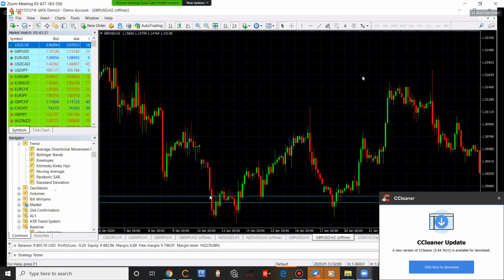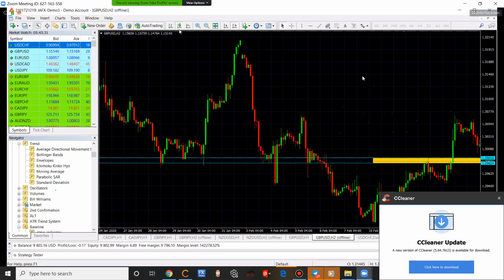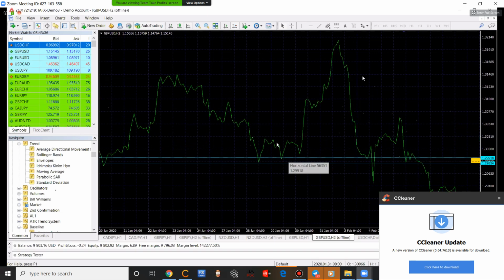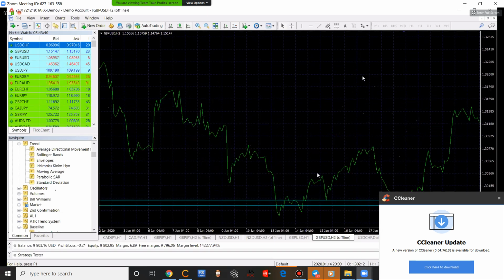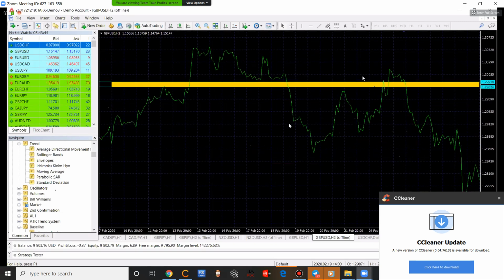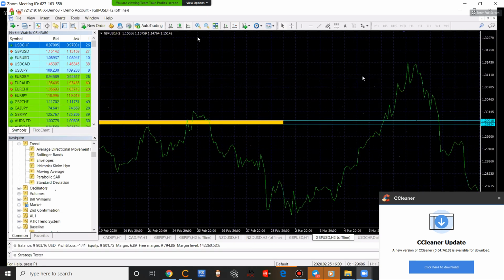So Jay and Joe would have called this a golden zone because of the amount of times the market touches. You can confirm that with the line chart. All this noisy crap over here does not matter. All that matters is you know where the trend's going and where your major zones are. But there's a reason why they call this the golden zone: the amount of times it's been touched and the reversals that have taken place.